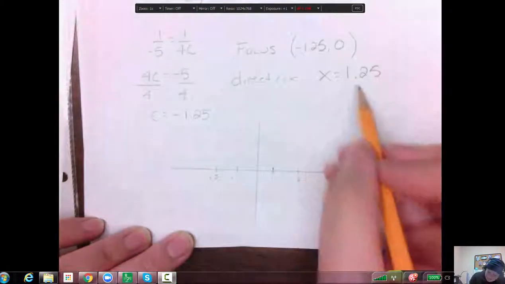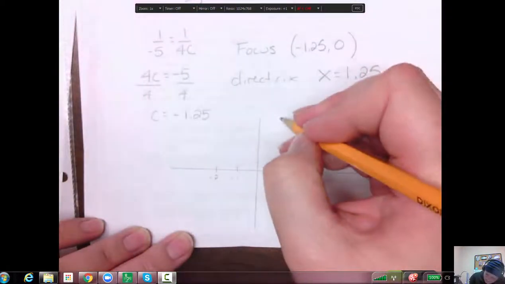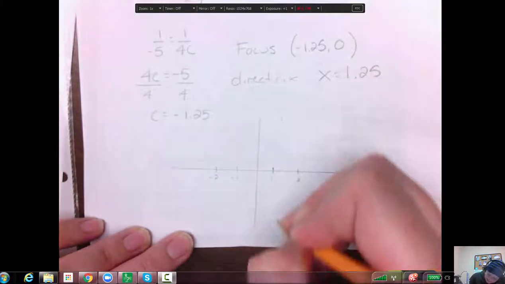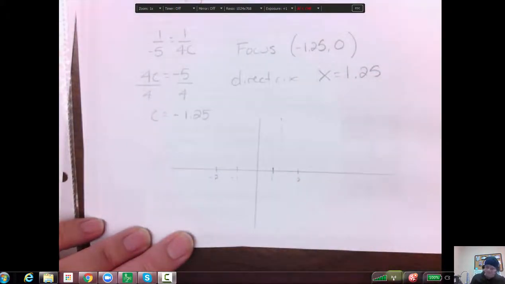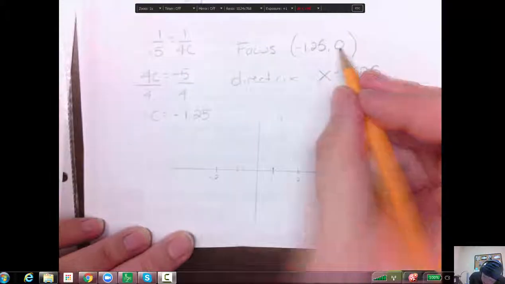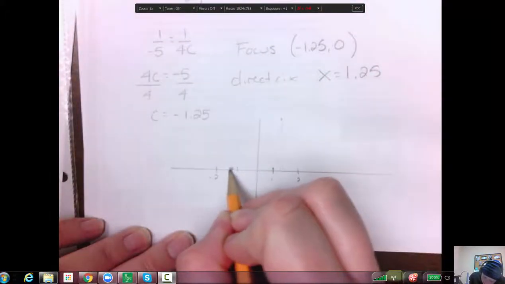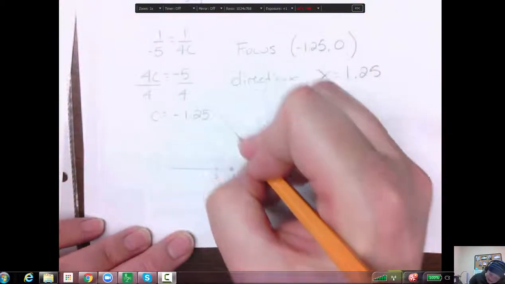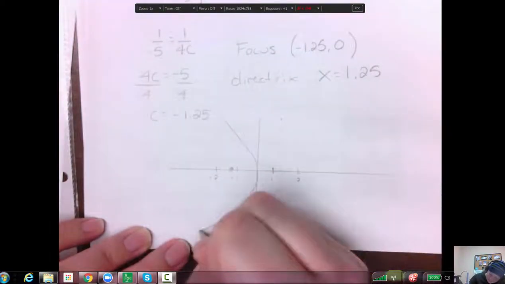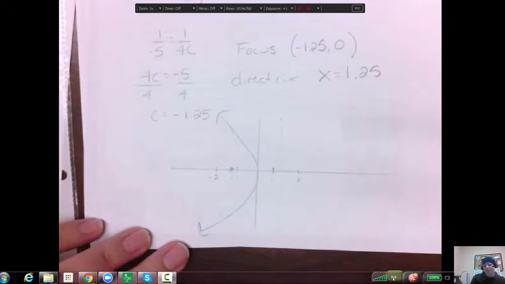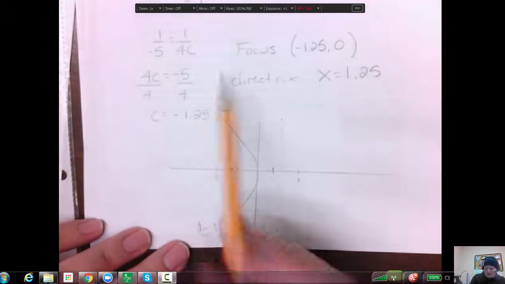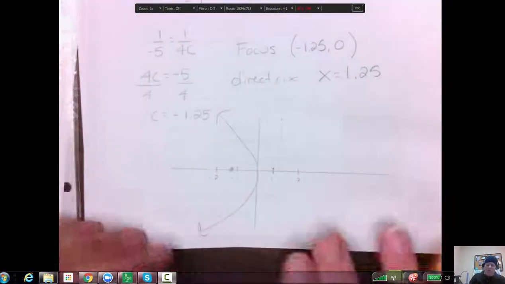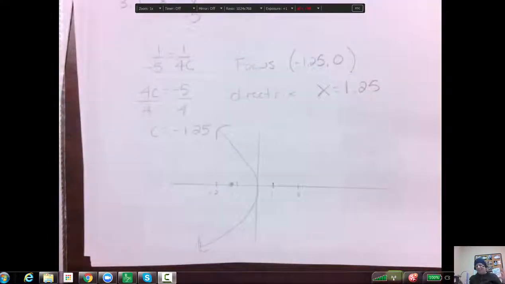And we know the directrix is at 1.25, so we'll just say it's about right here, right? That looks like about a fourth of the way there. And we know the point negative 1.25, 0 is the focus. And then we could plug in points and see that it is going to look something like that. Okay? And we could plug in points and get some more exact spots by just plugging in.